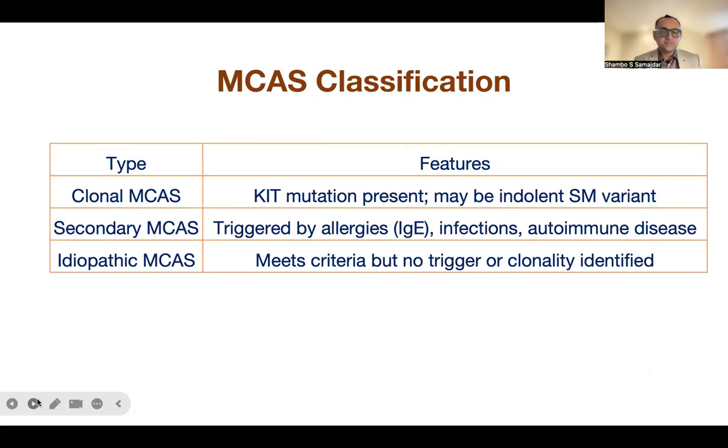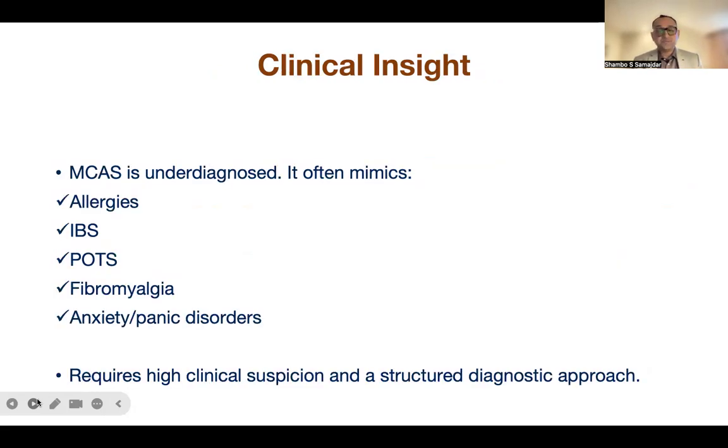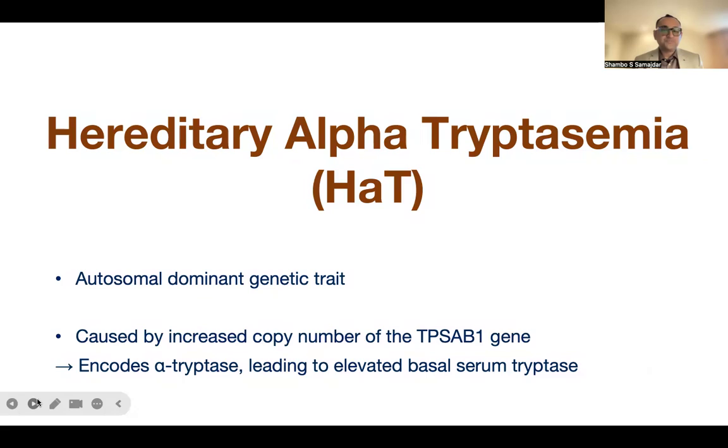And idiopathic mast cell activation syndrome meets the criteria, but no trigger or clonality is identified. Mast cell activation syndrome is underdiagnosed. It often mimics allergy, IBS, POTS, fibromyalgia, anxiety, and panic disorders. So we need high clinical suspicion and a structured diagnostic approach.